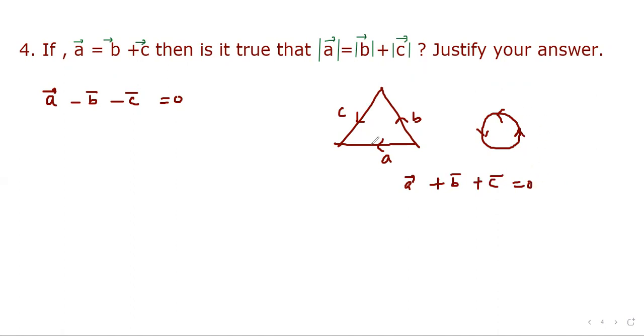So here, if we move in this direction, and we take vector A positive, then C will be negative, B will be negative. So this is shown here. Now, these vectors represent the sides of a triangle, and the sum of any two sides must be greater than the third side. But here it is given that one side is equal to the sum of the other two, and that is not possible in case of a triangle.